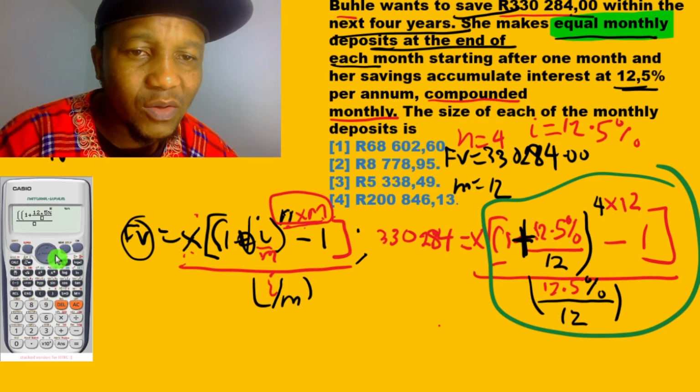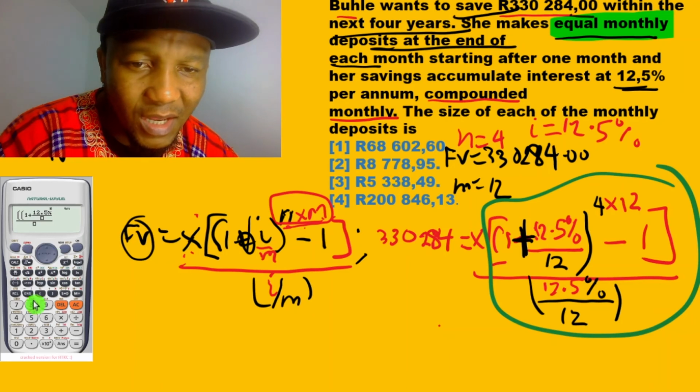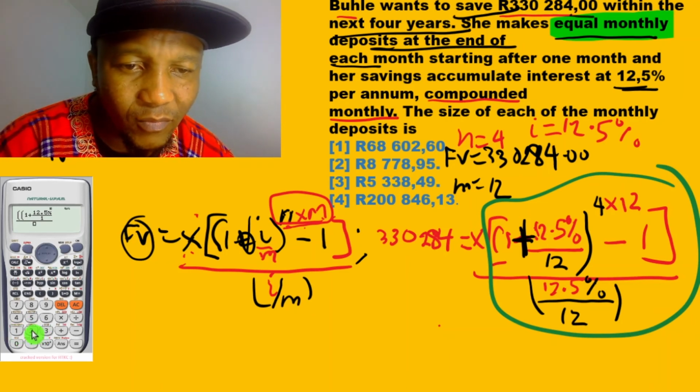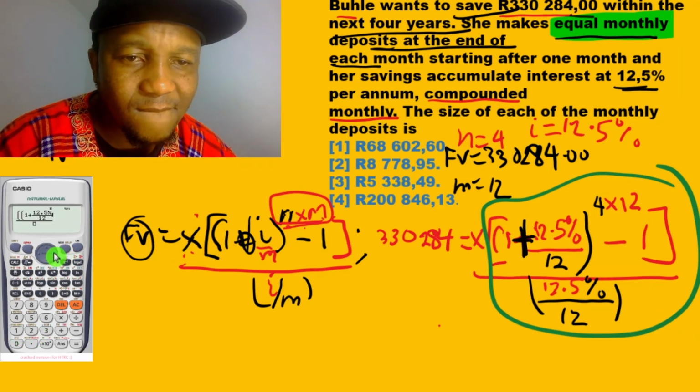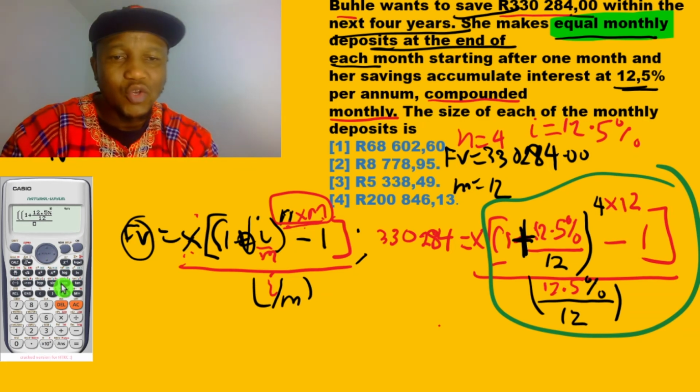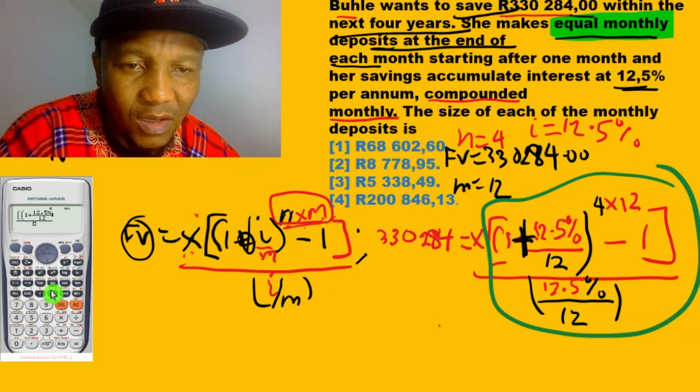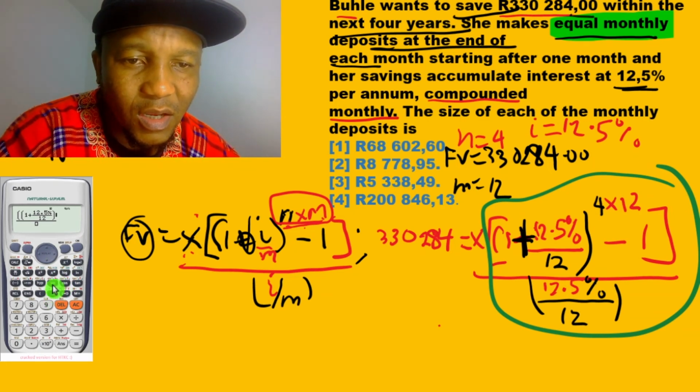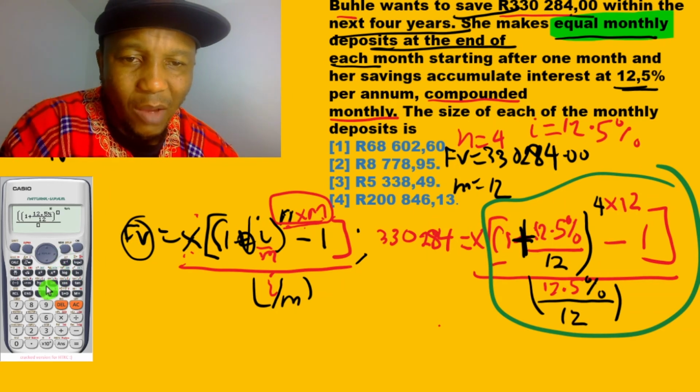Okay, so now you come here and then you write 12. Okay, now what you do, you go and close here, and then go to power.